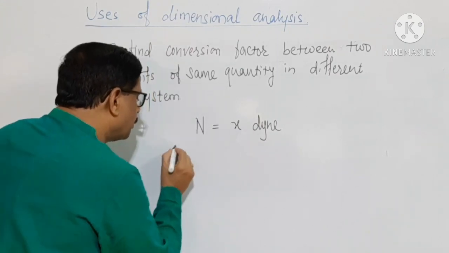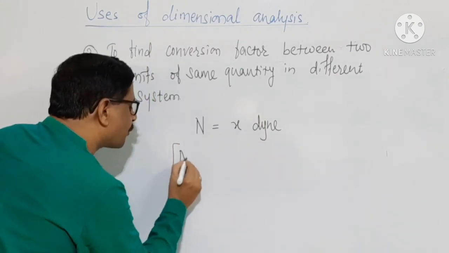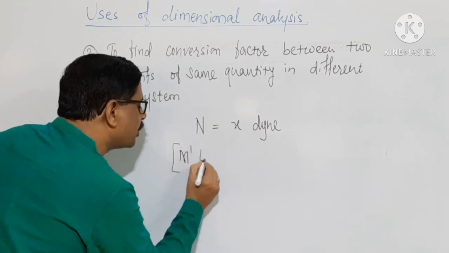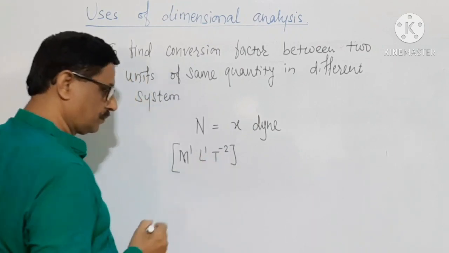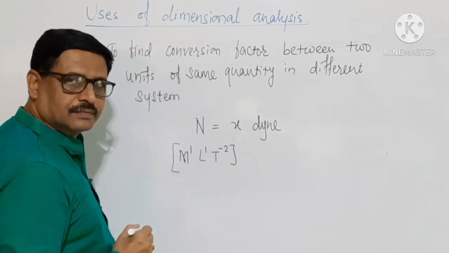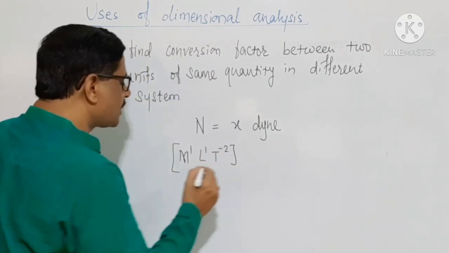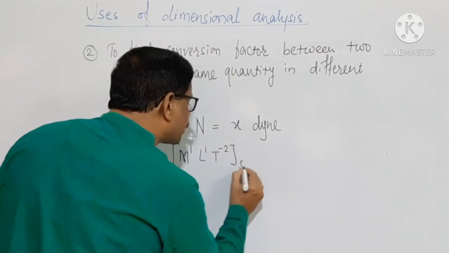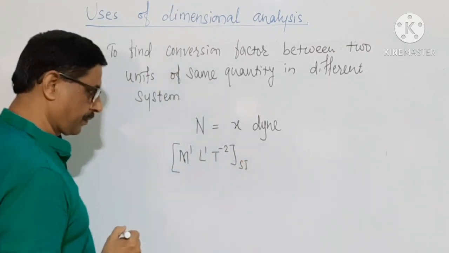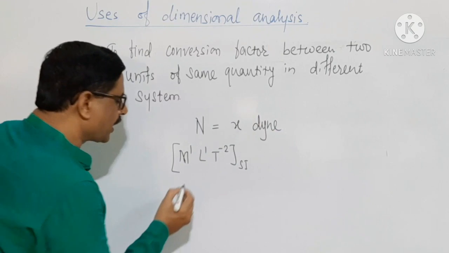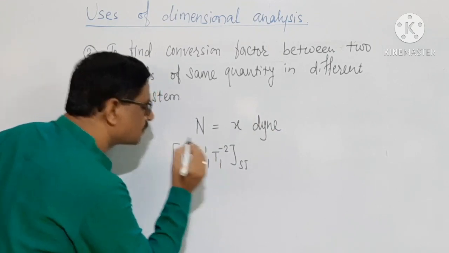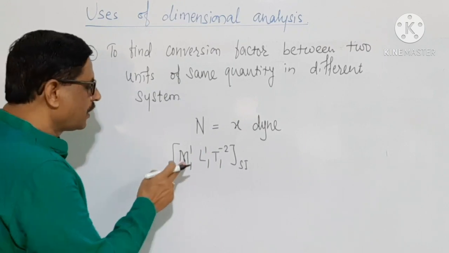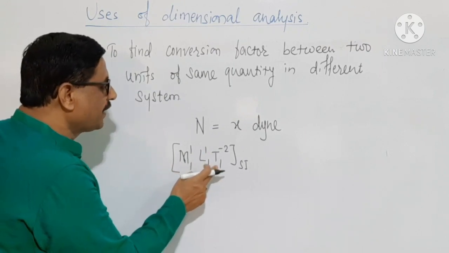Newton is what? Newton is the unit of force. Therefore, I will write the dimensions of force: M1 L1 T minus 2. These are the dimensions in SI system. For SI system, I will write here suffix 1: M1, L1, T1.